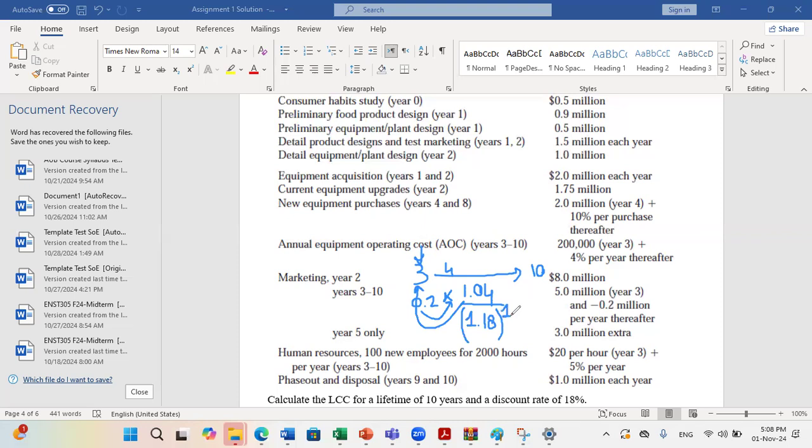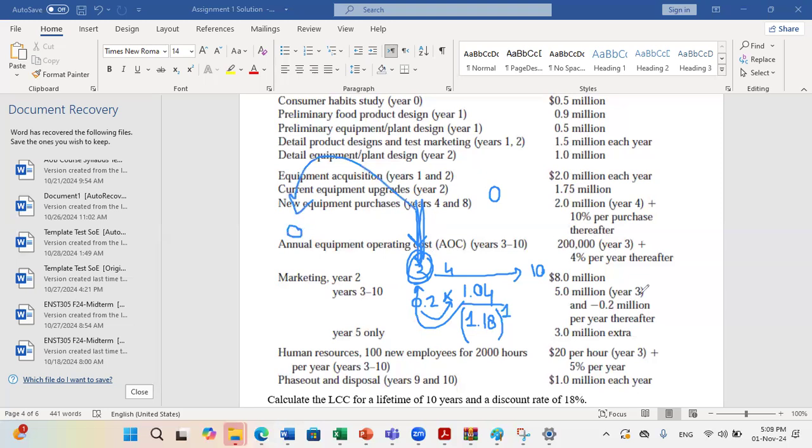Okay, so year 3 now is my initial year. Instead of considering year 0 as my initial year, I can evaluate all my costs back to year 3. And once I do this, I can then evaluate these costs back to year 0. Why am I doing this?